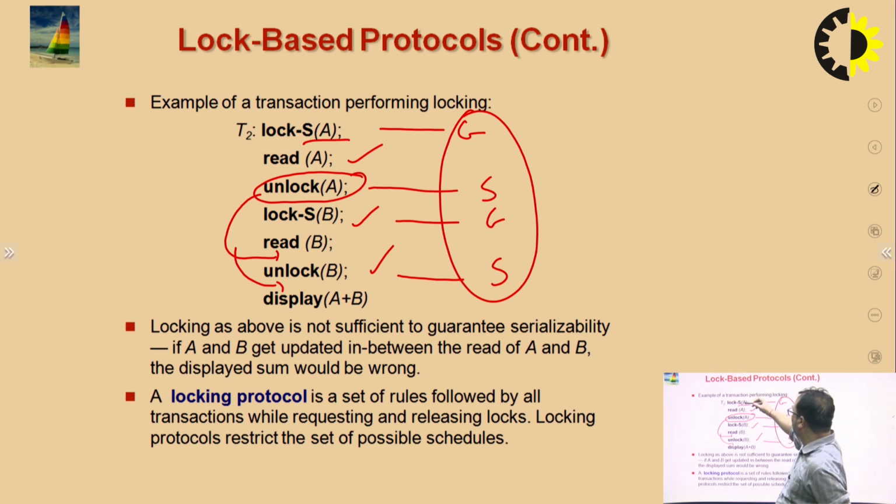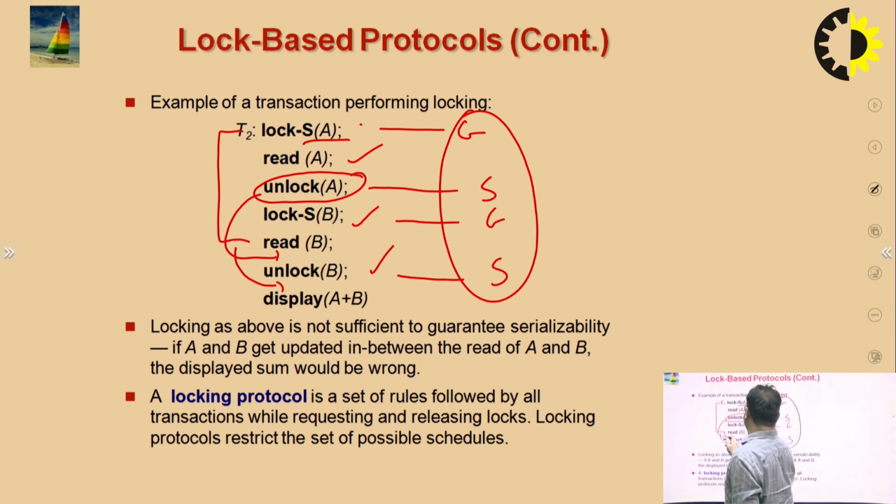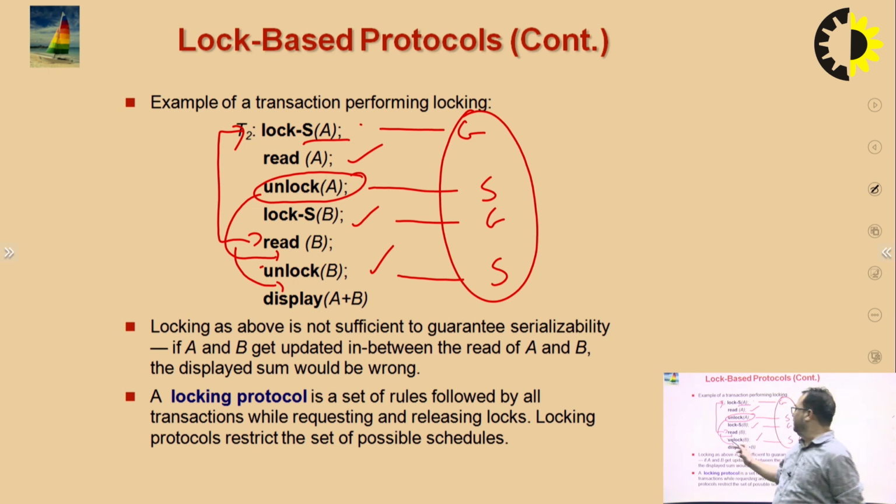Because we locked data item A, so this is the growing phase. Again we locked data item B, so it remains in the growing phase. Up to this point it is the growing phase, and from here we unlock A, then unlock B, or even unlock B, then unlock A. This becomes the shrinking phase. So just reordering the locking and unlocking lets the transaction follow two-phase locking.